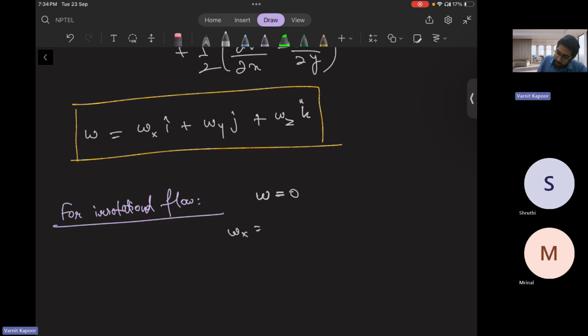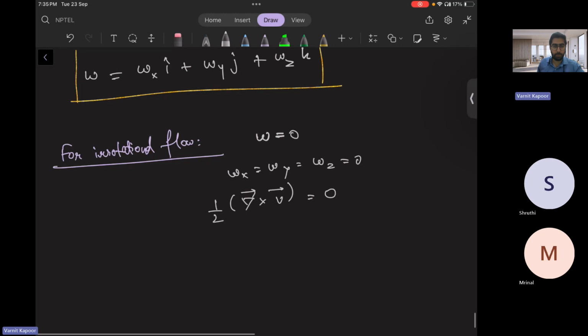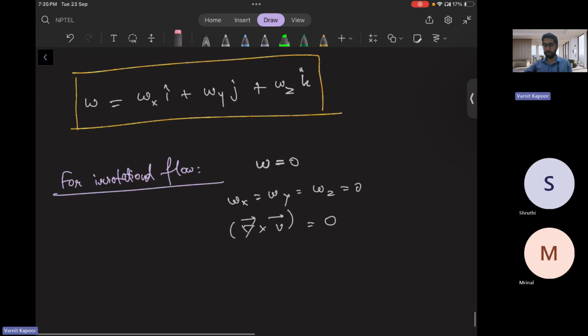That means my omega x, omega y, omega z all are equal to 0. So that means half of curl of vector v is 0. Simple. Del cross v is 0, if I remove this half. Clear? Any doubts? Okay, I'll take a short break, then I'll join back.